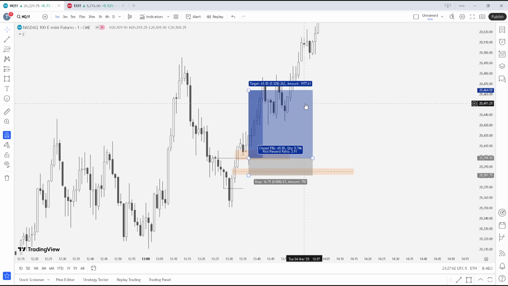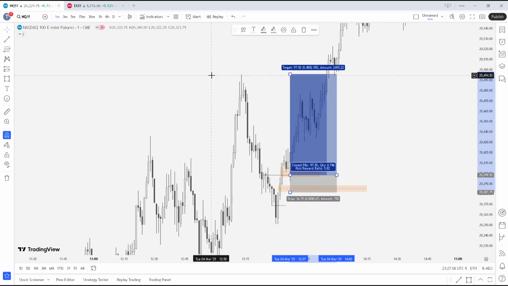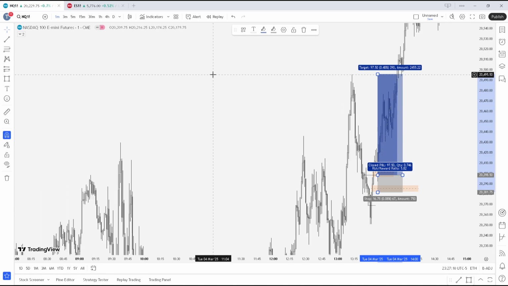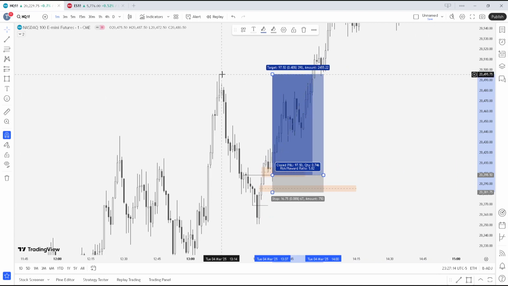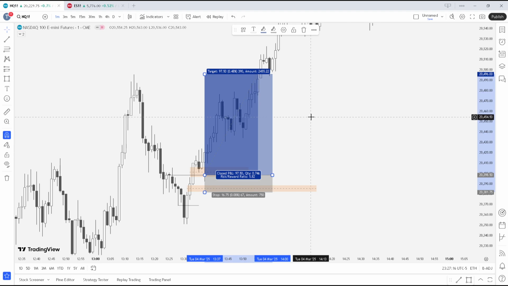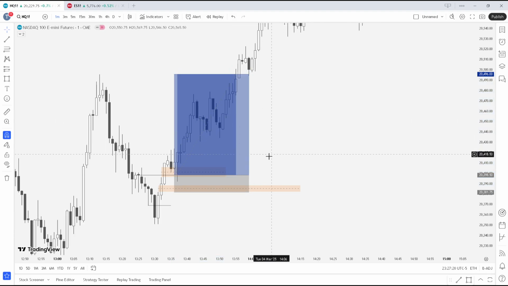I've taught a lot of different places where you can put your stop loss, so you just have to experiment with all of them and see which ones you're most comfortable using, because it really depends on the personality and how you want to trade.